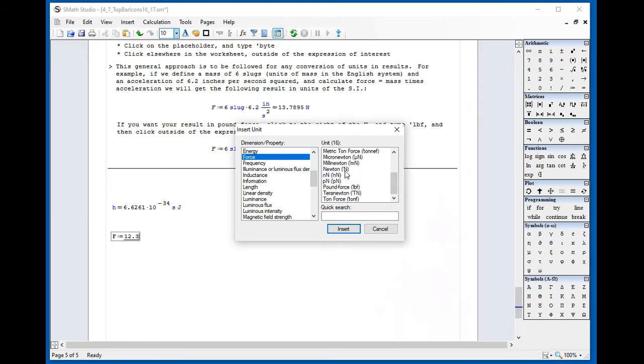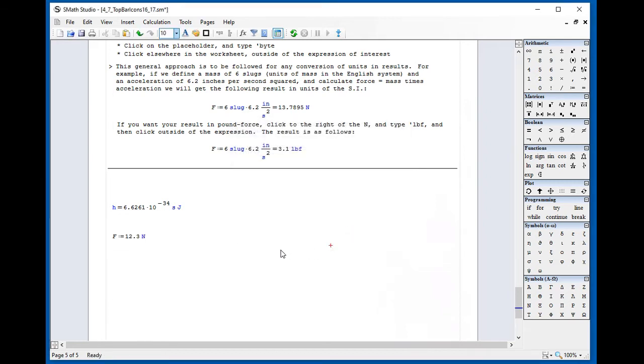Newton is the basic unit of the international system for forces. And what you notice here is that the N has a blue coloring. That's the same idea here, or the same idea here, and so on, because SMath Studio that way distinguishes what is a variable or a name from units by giving you blue in the units.